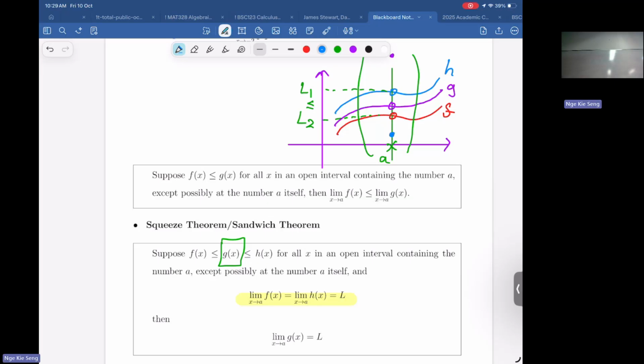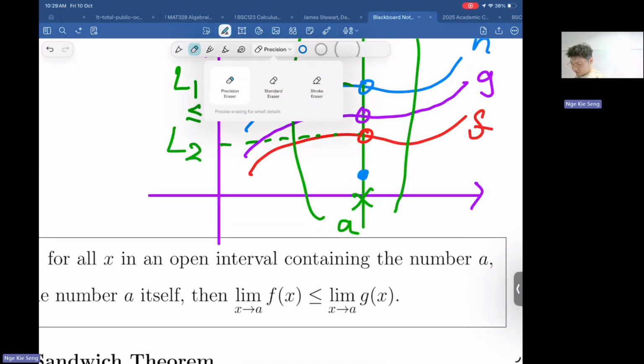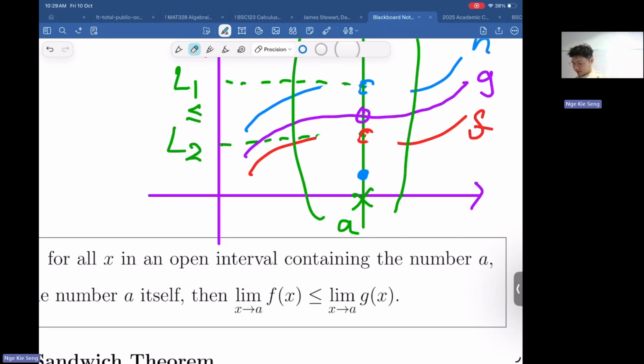L1 has to equal L2. Meaning I should draw something like this. This one get rid, this one also, this one also, this one also. So when x approaches a, f(x) should approach some number here. Let's call this number L. So this one is L.